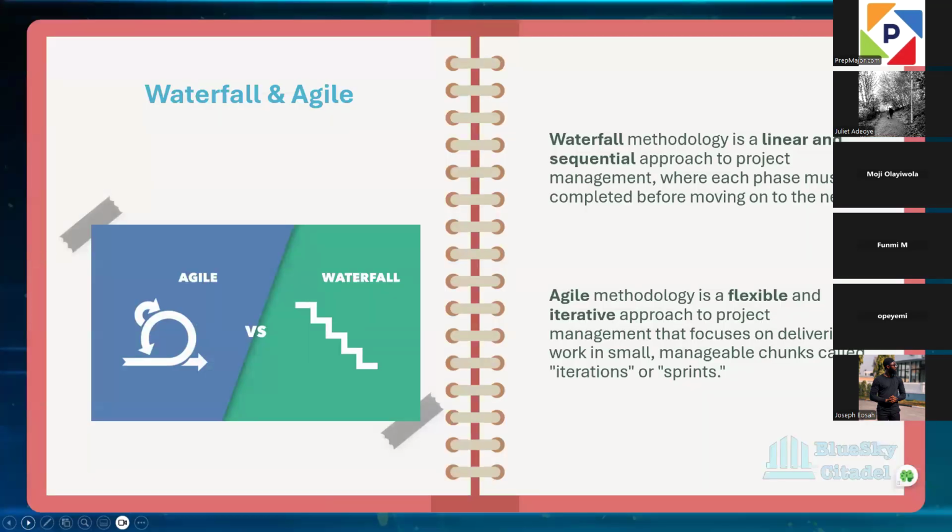Okay, so waterfall methodology is a linear and sequential approach to project management, where each phase of waterfall must be completed before you move to the next phase of it. So it's like a one-way street, kind of. The name waterfall, you know how a waterfall happens.